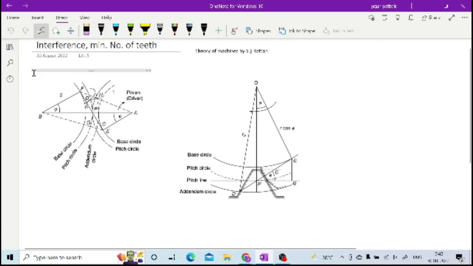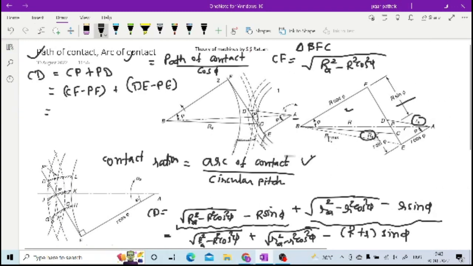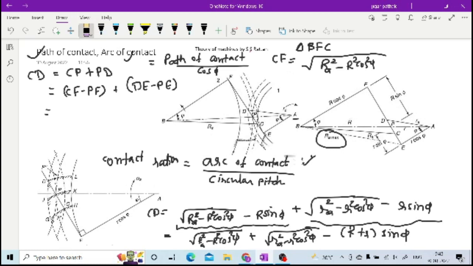Now next is interference. In the previous calculation that we have done, there is one thing mentioned in this figure, and that is this RA max. If you focus on that, what it says is, if you have the addendum of this gear more than the mentioned distance BE, then what will happen?